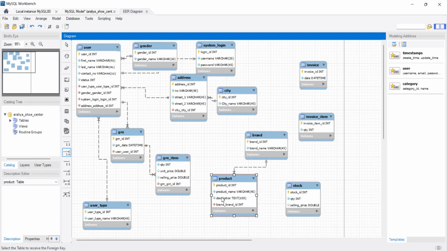GRN item and product. So it is a one-to-many relationship as well. So many side should go to GRN item.